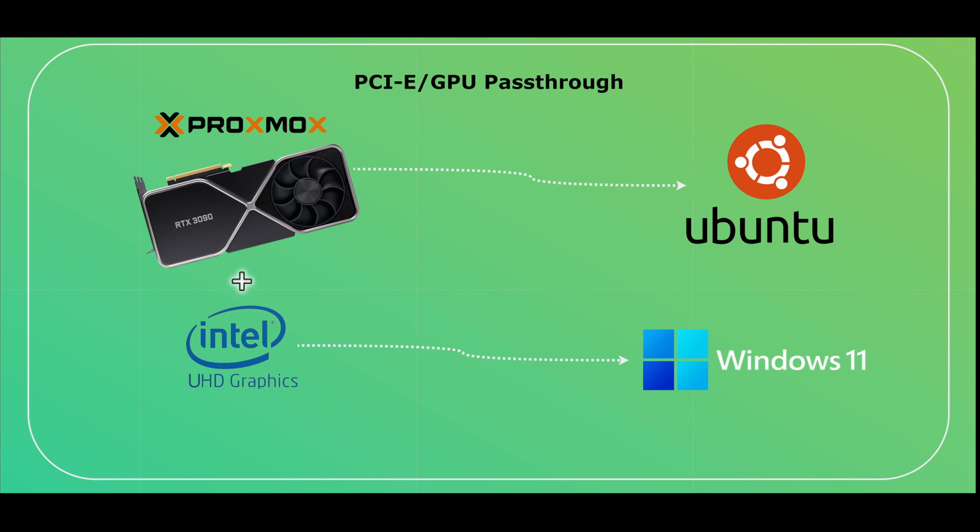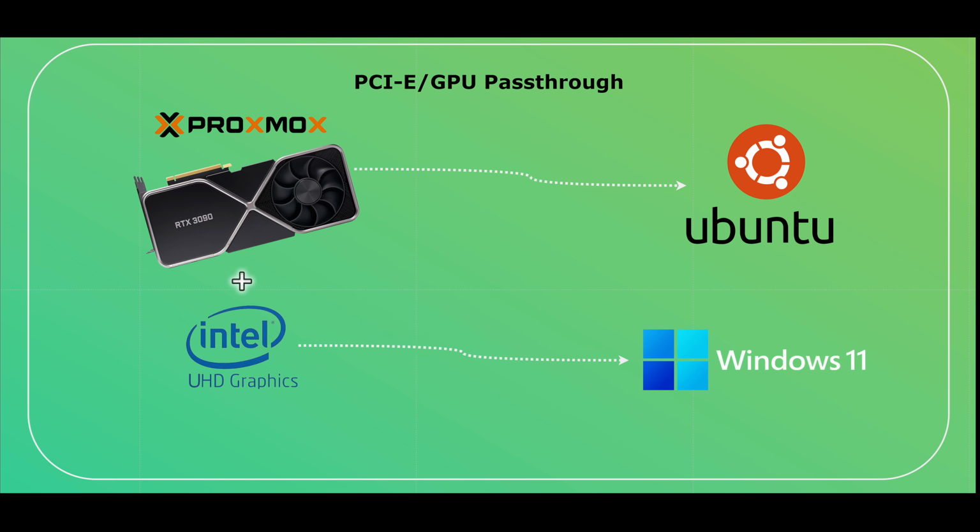Now let's get started on the GPU pass-through. First of all, make sure that the virtualization technology VT-X or SVM is enabled on your host machine, where VT-X is for Intel and SVM is for AMD machines, and IOMMU, which is VT-D or AMD-Vi, is also enabled in the BIOS settings.